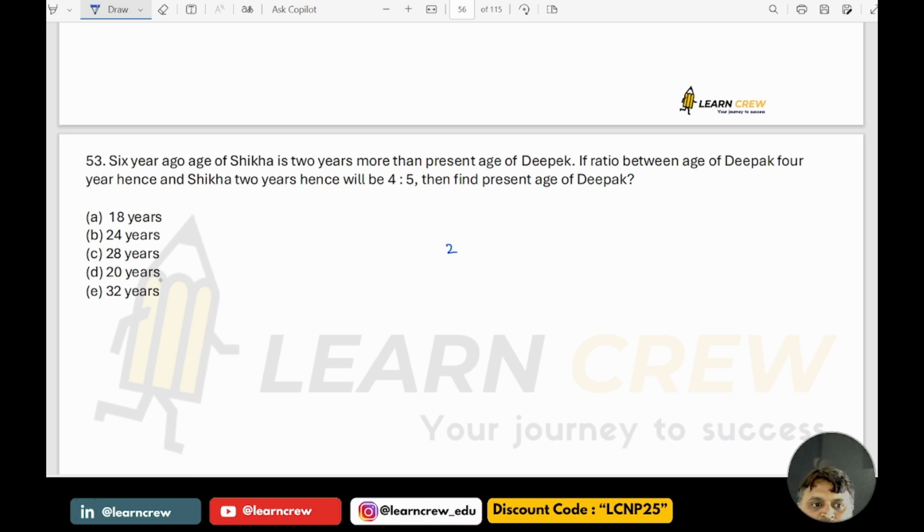If I take option D, 20. Deepak present is 20. Then Shika 6 years ago is how much? Shika 6 years ago is 2 years more than 20, 22. So Shika present is 28.